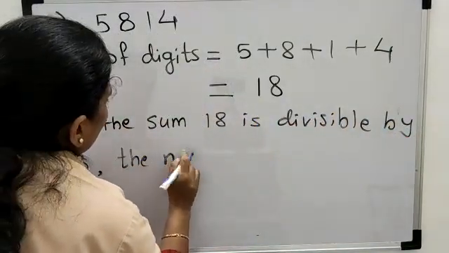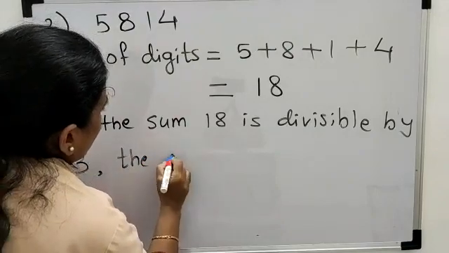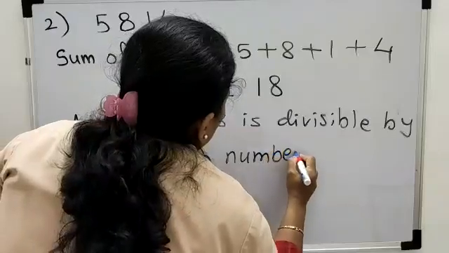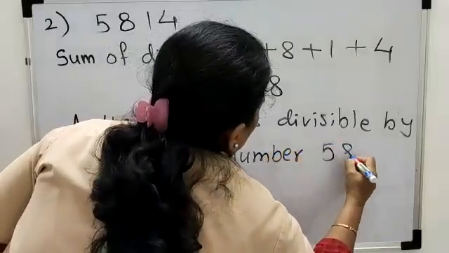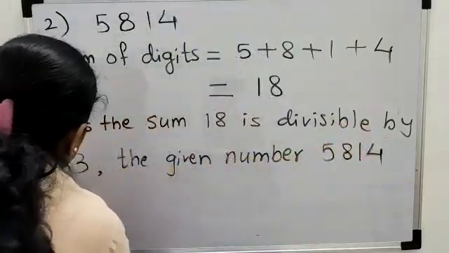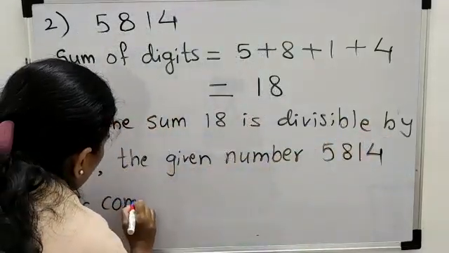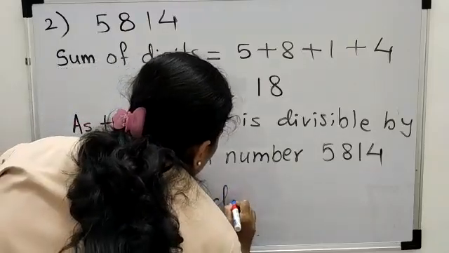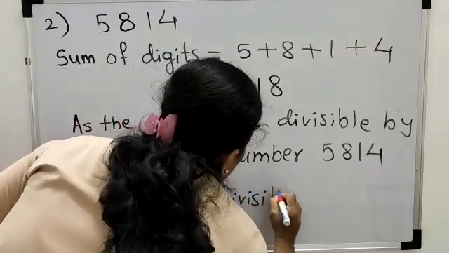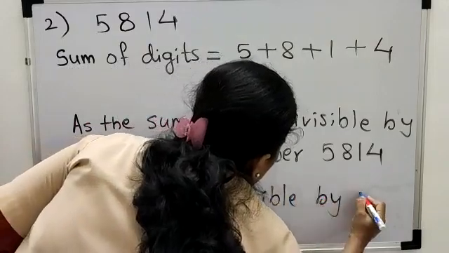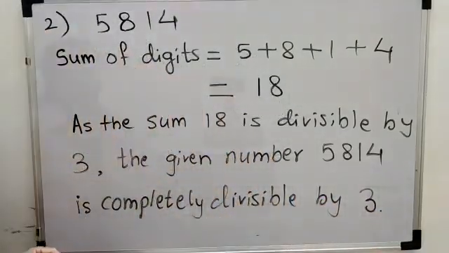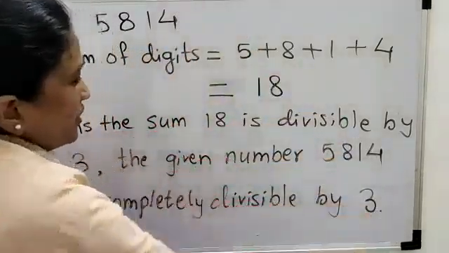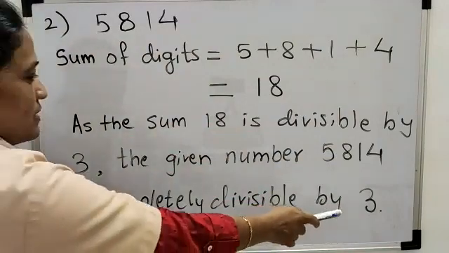The given number 5814 is completely divisible by 3. Means if we actually divide 5814 by 3, we will get remainder as 0.